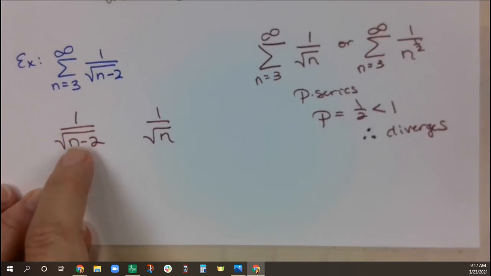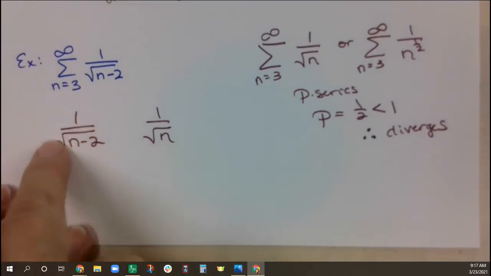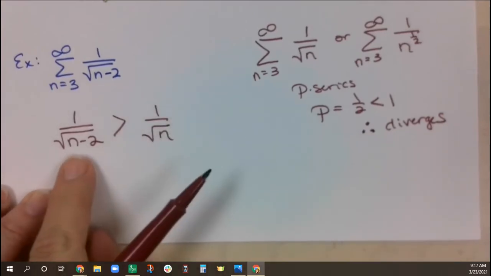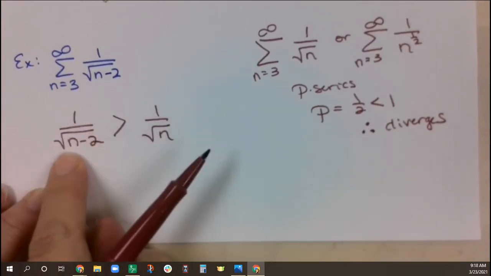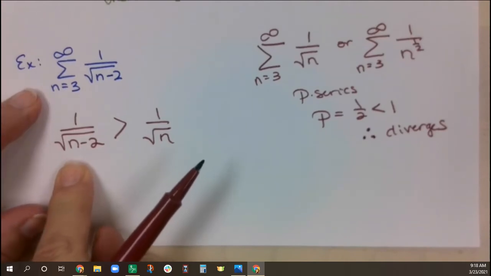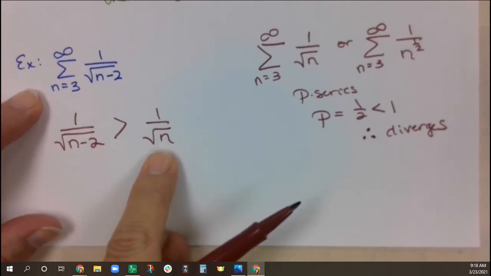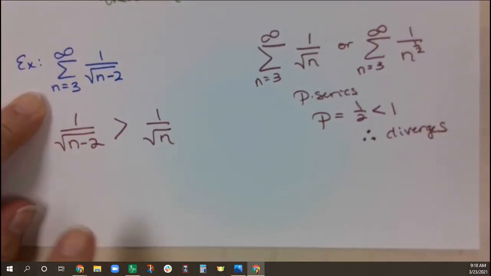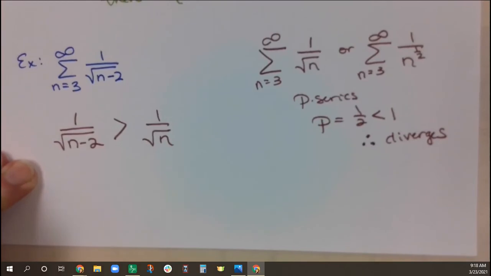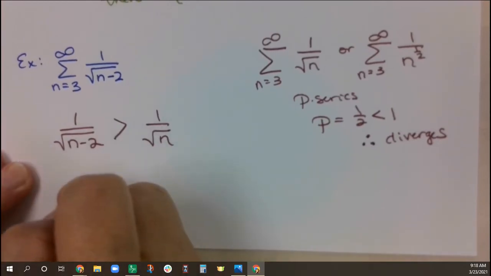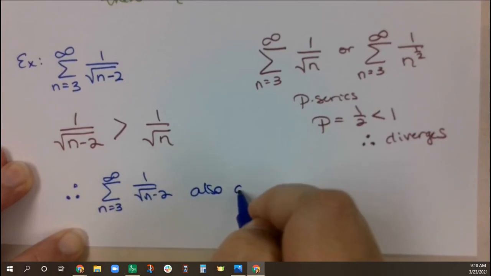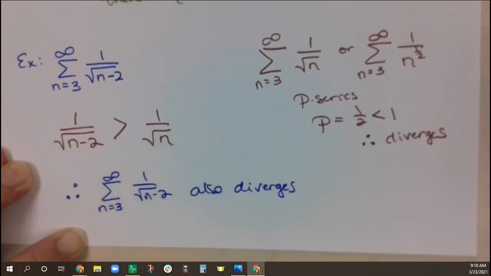And if my denominator is smaller, the whole fraction is bigger. And so that means that my series of interest is greater than the known series, which diverges. And therefore, since this one is bigger, it also diverges.